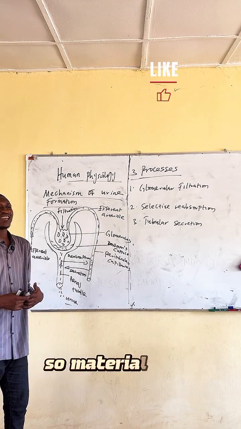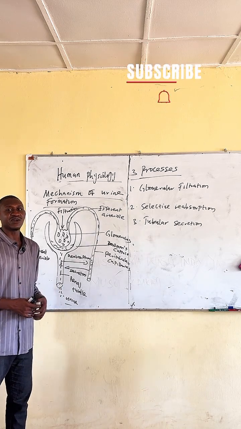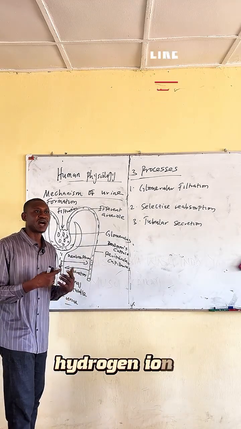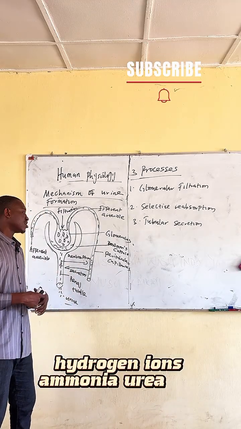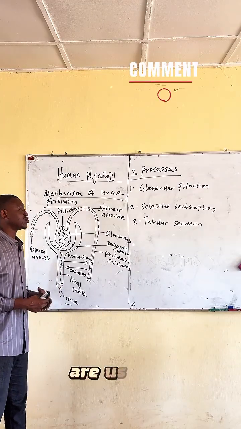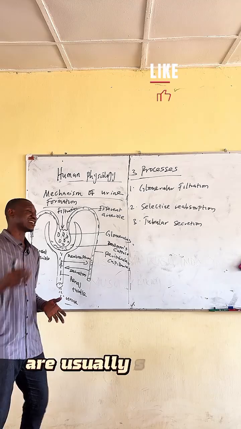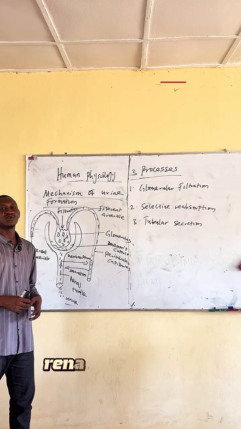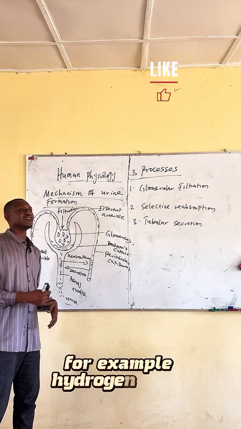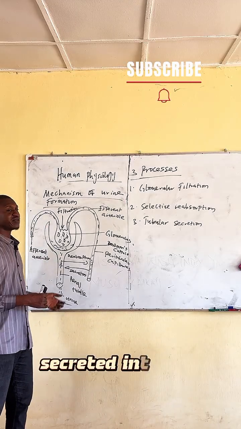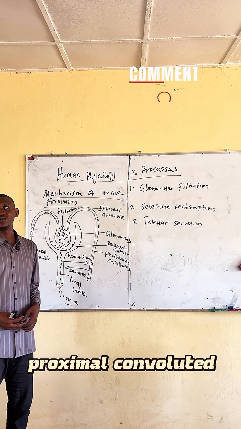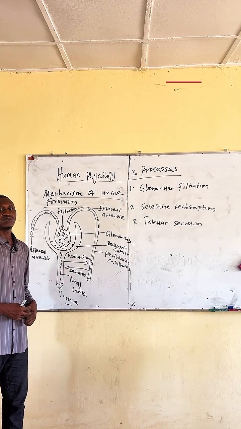So materials that are secreted into the renal tubule include what? Hydrogen ions, ammonia, urea, and even potassium ions. Some of these materials are secreted into the renal tubules at different levels. For example, hydrogen ion is secreted into the renal tubule precisely at the level of the proximal convoluted tubule and distal convoluted tubule.